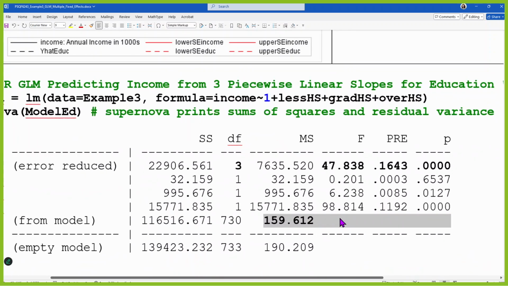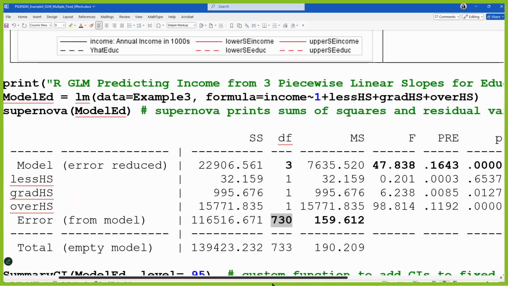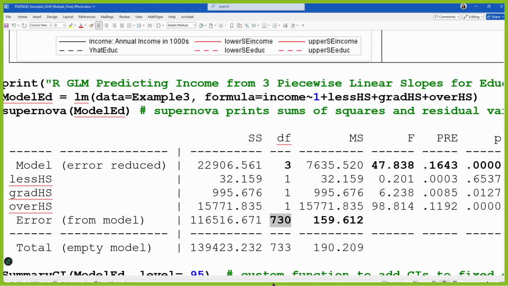Okay. What are my numerator degrees of freedom for my F test? 3. Why is it 3? You're right. I'm just asking why. Close. 3 slopes. Yep.